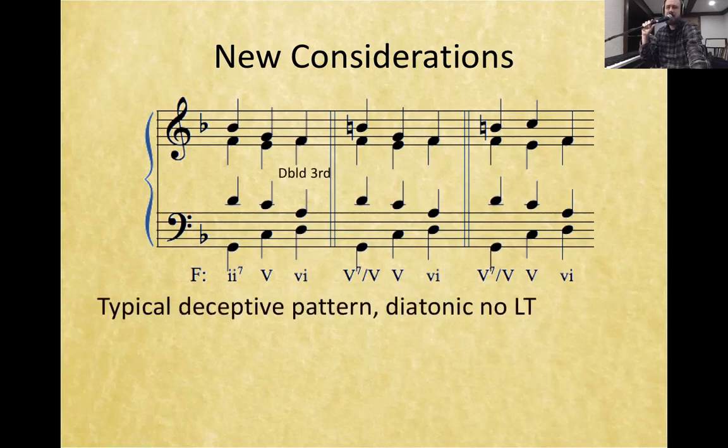Now, what happens if we add in some chromatic notes? What if we say, yeah, 2-7 is great, but I want to have a 5-7 of 5.